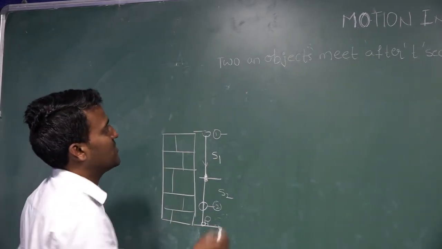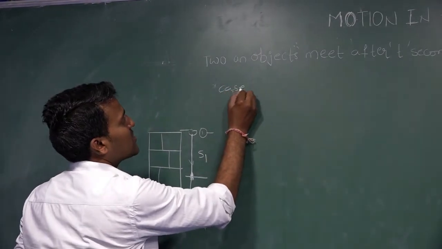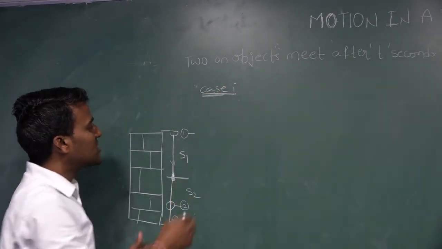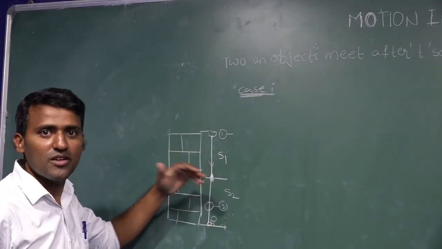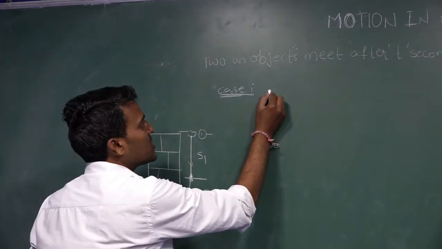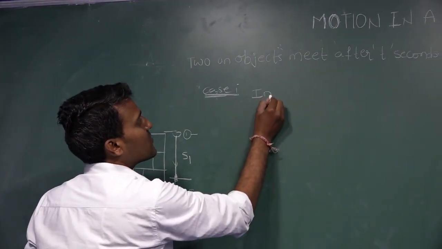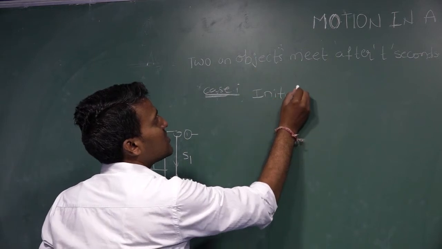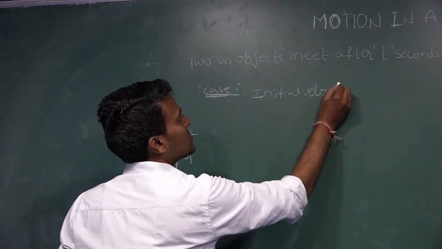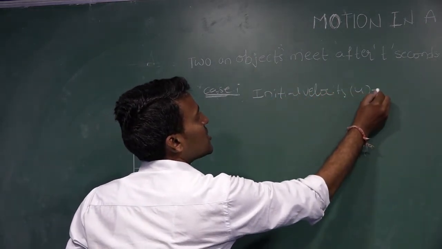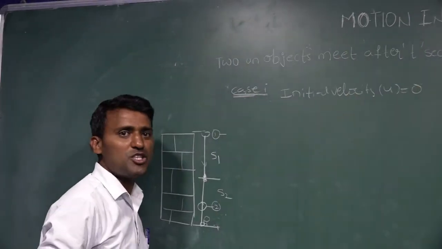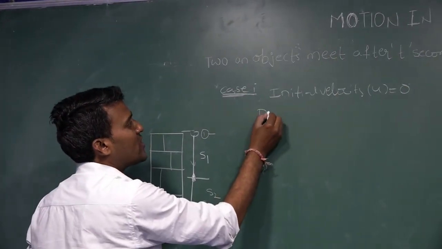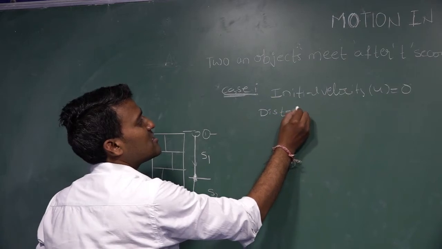First I am considering case 1. Case 1 is where the object is falling in the downward direction. When the object is falling downward, the initial velocity is 0, so u is equal to 0. How much distance has it covered?